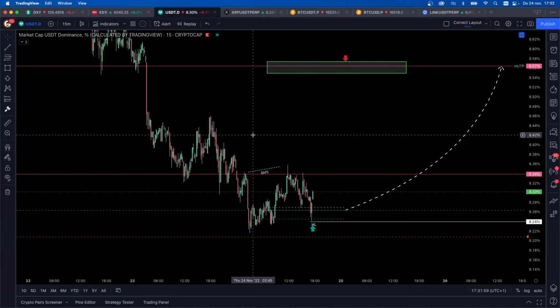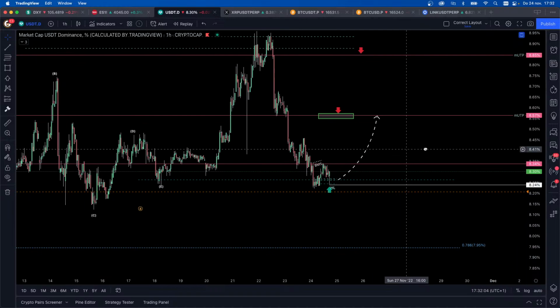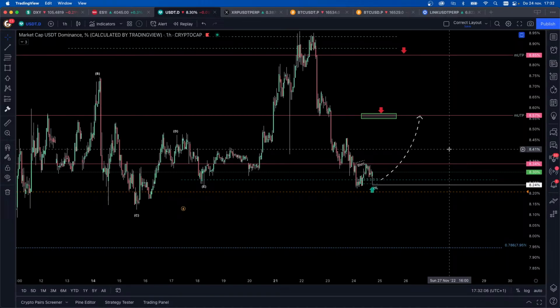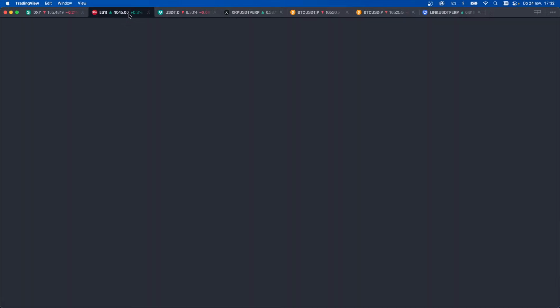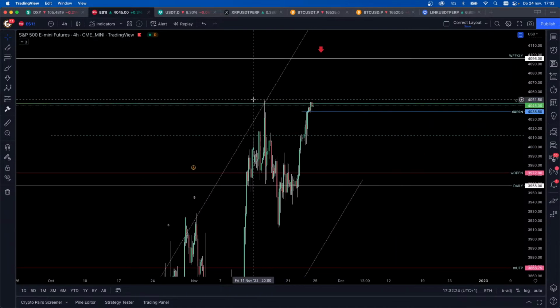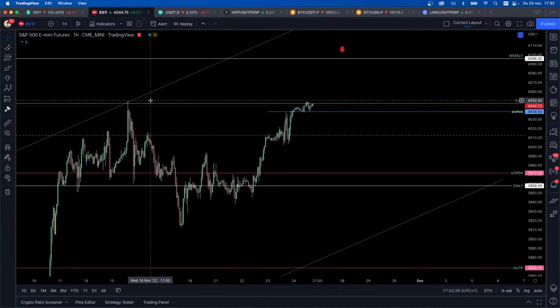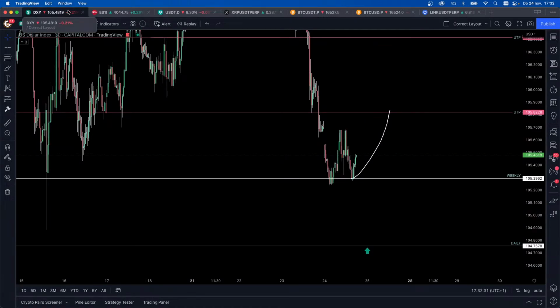But then we have USDT. And dollar bouncing from that weekly again.